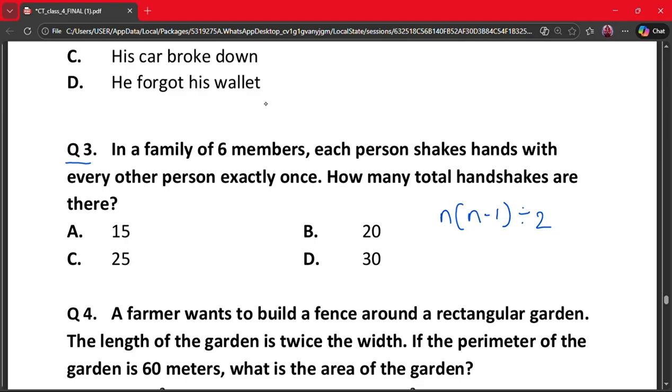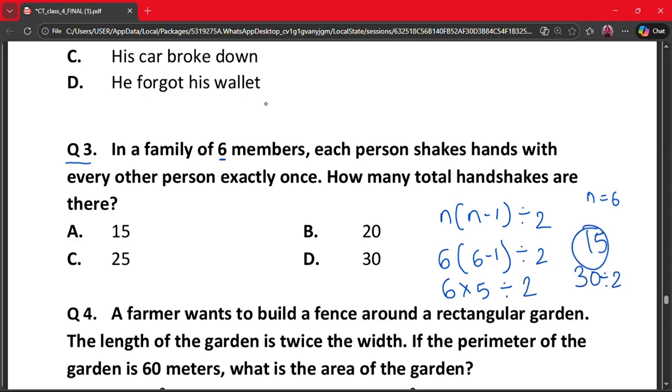So here n is 6. So 6 into 6 minus 1 divided by 2. So 6 minus 1 is 5. So 6 into 5 divided by 2. So 30 divided by 2. That is 15. So our correct answer is option A.